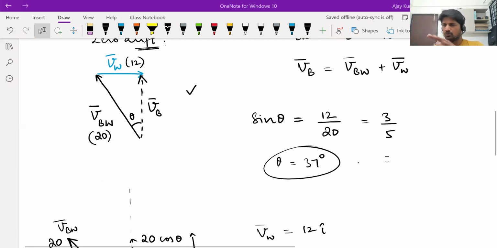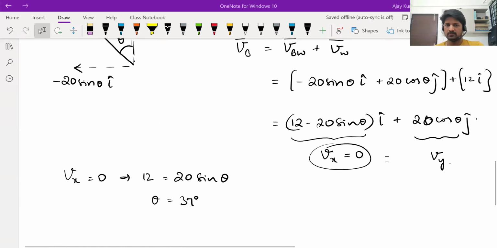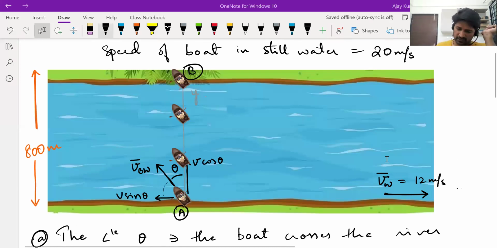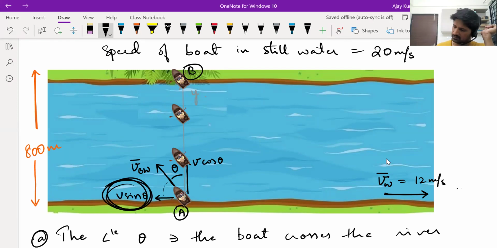And see, again, don't remember the formula. Don't remember it like V sine theta should be equal to U or anything like that. Here I wrote it as V sine theta, the x component of VBW, and don't blindly equate it to speed of water, because in this diagram, theta is with the y-axis. Now in some other question, they may ask you to calculate the angle with the x-axis.